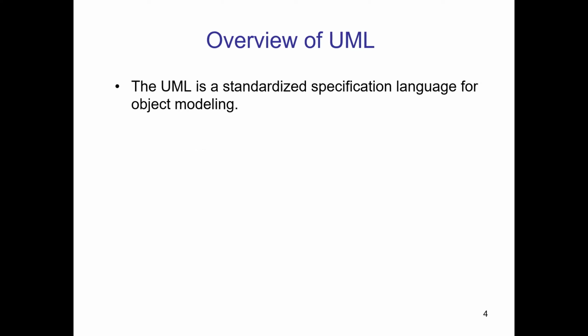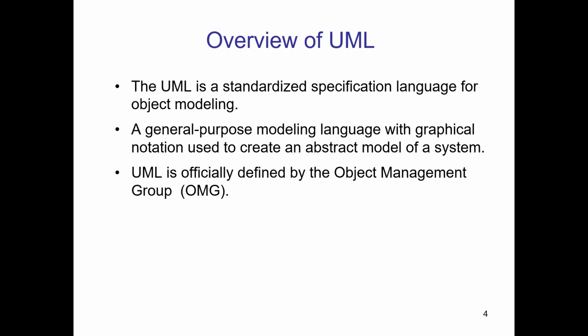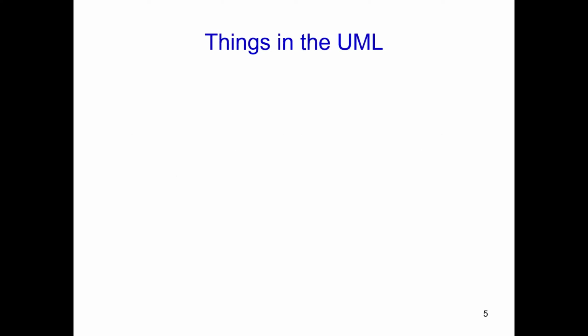So this is a standardized specification language for object modeling. It's a general purpose modeling language with graphical notation used to create an abstract model of a system, originally defined by the Object Management Group.